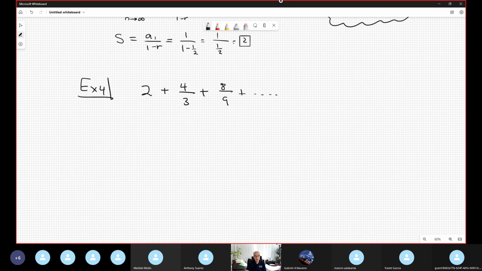Okay, it's a series. First of all, step 1 is identification: geometric or no. Step 2, actually containing step 1, is find the common ratio. Okay, if the absolute value of the common ratio is less than 1, the series converges.